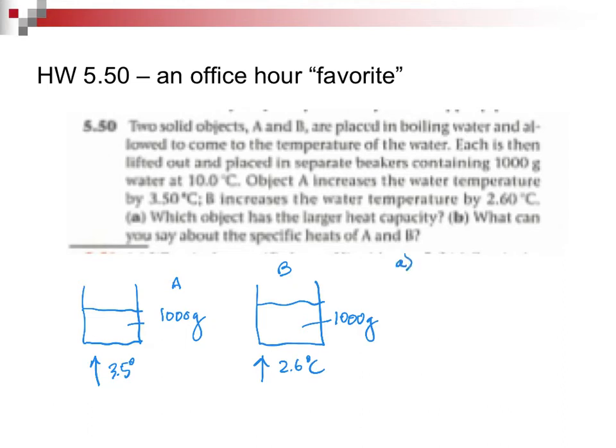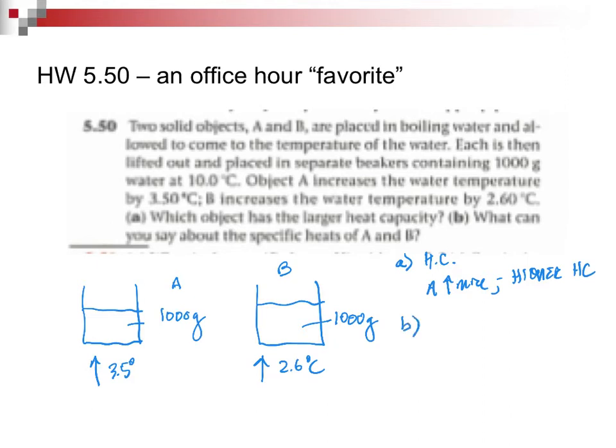So the question asks, which has the larger heat capacity? Is it A or is it B? Well, A increased the temperature more, so it has the higher heat capacity. We've had many discussions in office hours about this, and it leads to even more discussions, but I wanted to kick things off.